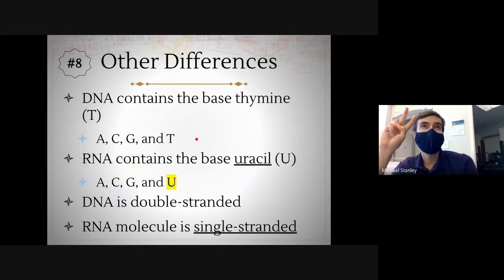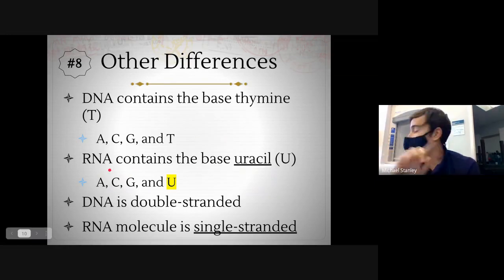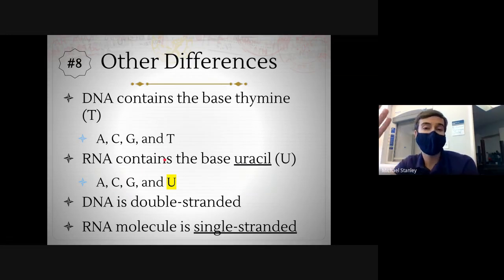Second, and probably the biggest, most important difference between DNA and RNA is that RNA does not have the base thymine. There are no T's in RNA. Instead, it has a modified version called uracil, which we represent with a U. So DNA is made out of ACGT.